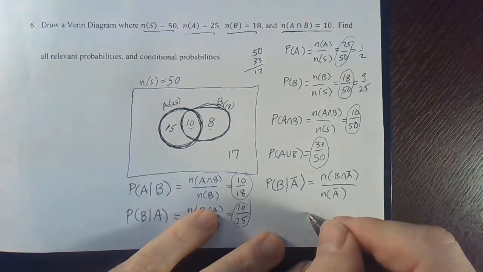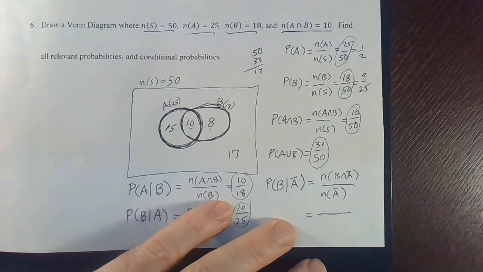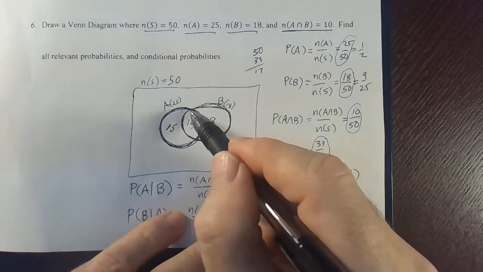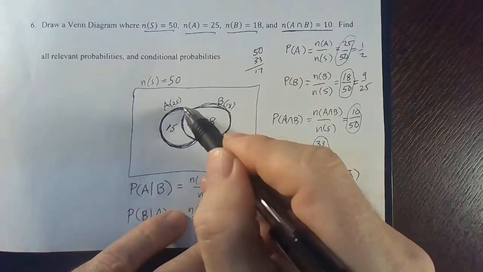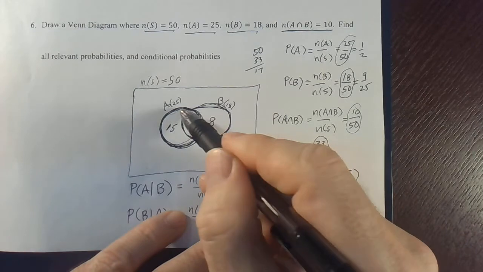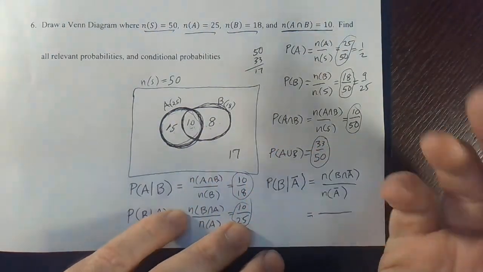Let's see. How many elements are, let's do the denominator first. How many elements are in A complement? Well, we've got 25 elements in A, right? So the number of elements in A complement would be this number and this number, 25 also.